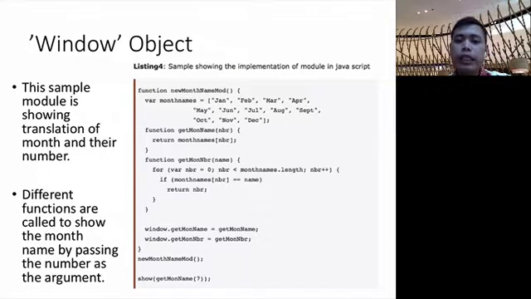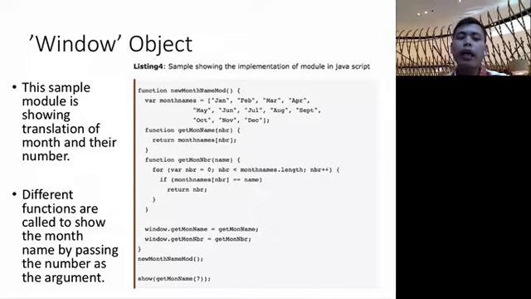So here you can see an example of the implementation of a module in JavaScript. This sample module shows the translation of month names and their numbers. Here you can see that the function assigns new MonthNameMod(). So this is the function. And you can see that the variable monthNames is assigned an array of the actual months.